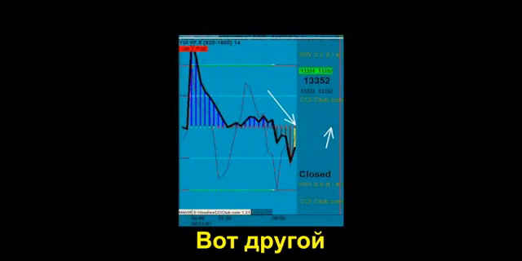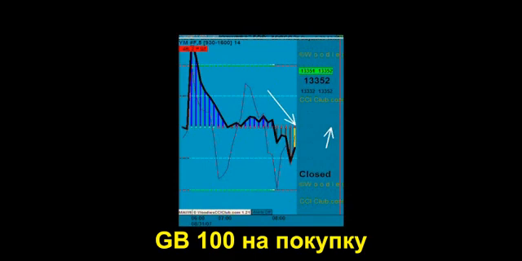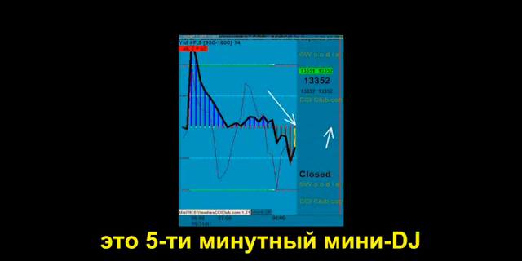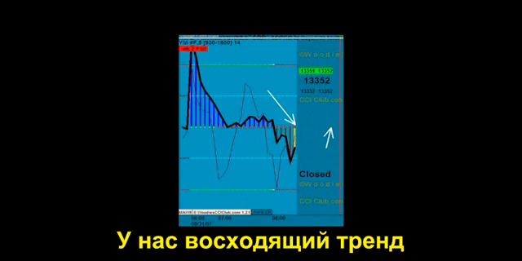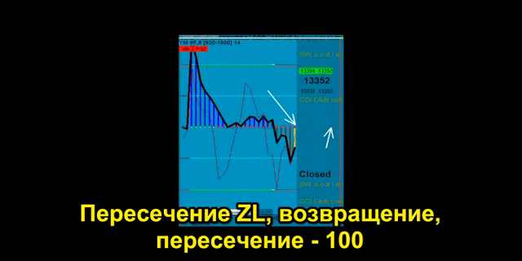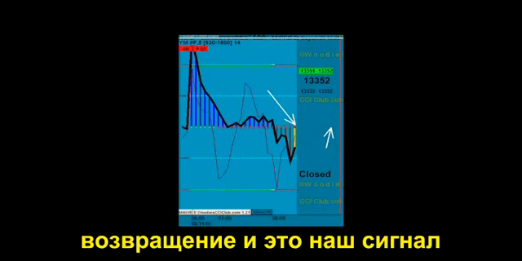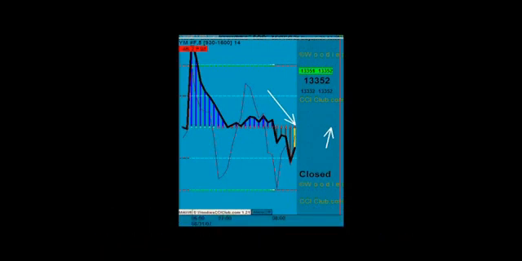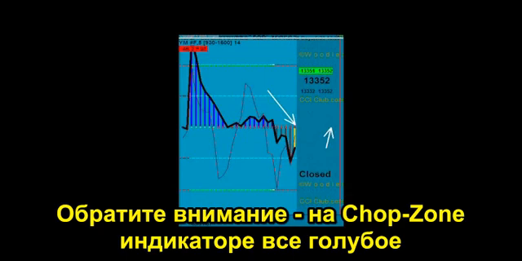Okay, here's another GB100 long. This is a 5-minute mini Dow, YM. We had an uptrend, crossed the 0 line, come back down, cross the minus 100 and come back, and that's our trigger. Notice all the blue on the chop zone indicator. Remember, that is what we needed.